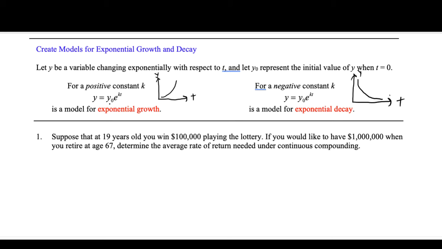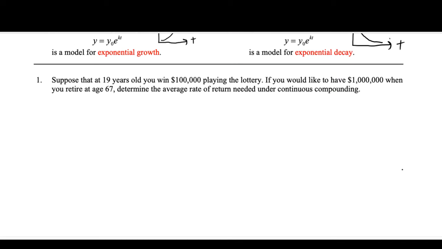Depending on the application, we might not use these exact symbols in compound interest. Instead of using y0, we use P for principal. Instead of using k, we use r for the interest rate. But it's a model exactly like this. So here's our first example.